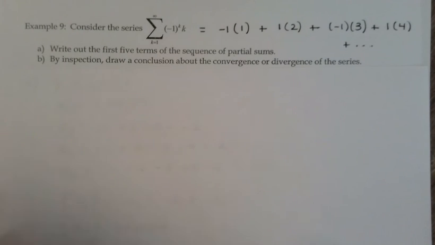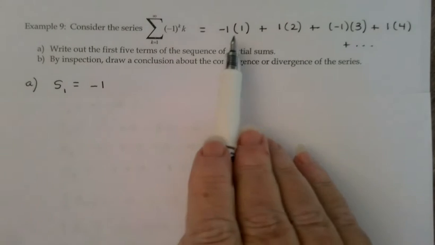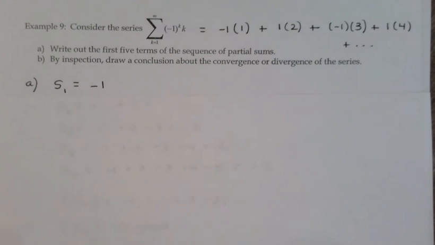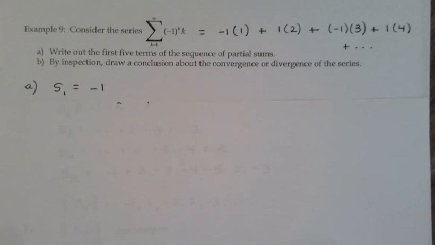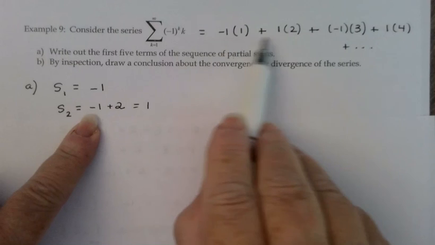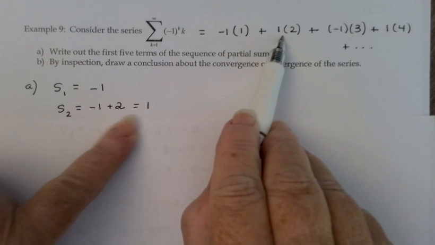Once again, we're going to write out the first 5 terms of the sequence of partial sums. And then by inspection, no real math, just by looking at it, we'd like to draw a conclusion about the convergence or divergence of the series. So here we go. S1 is just that first term, -1 times 1, or -1. S2, I've added the -1 plus the 2 to get 1.